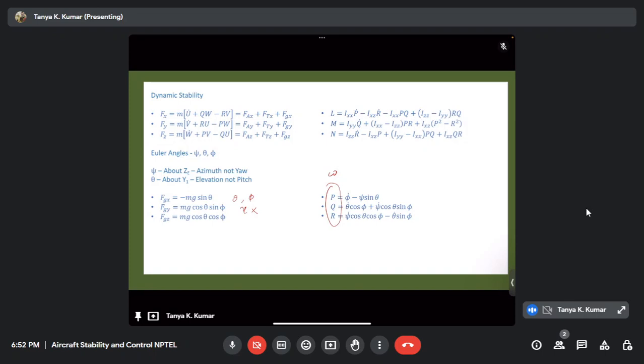Just take a moment, look at the equations, look at how we have defined it, look at the axis, look at the aircraft axis.